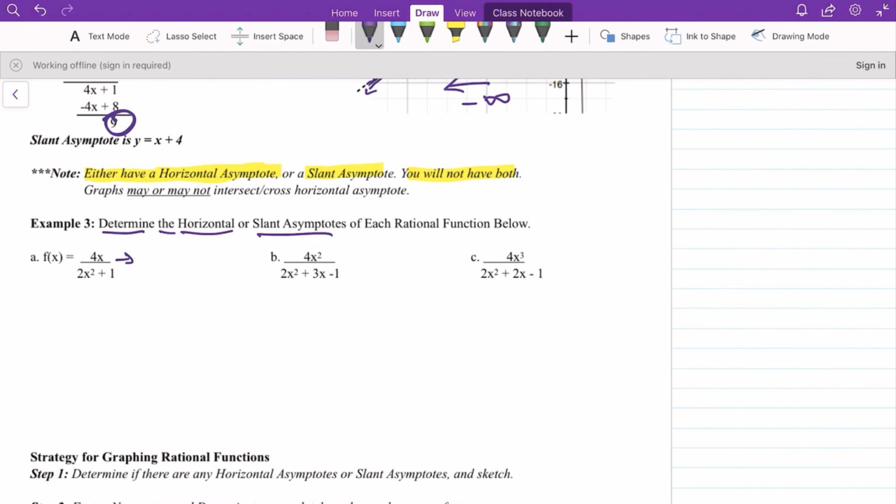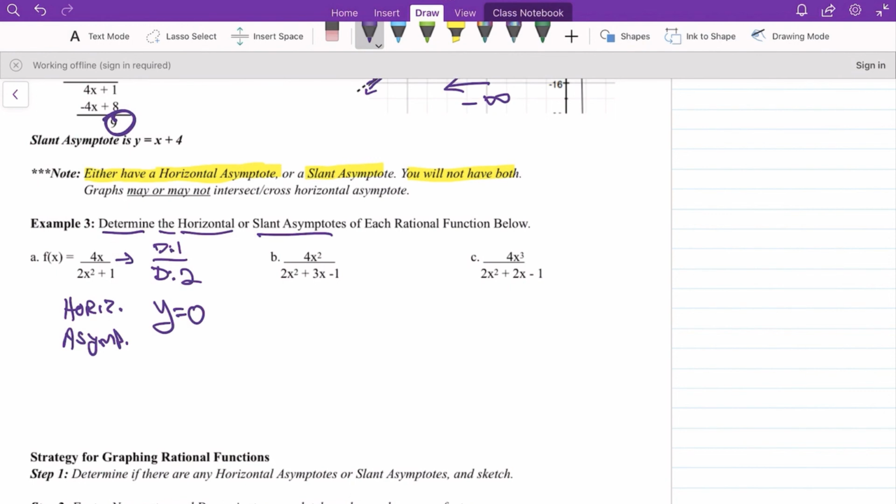The degree of the numerator is 1, and the degree of the denominator is 2. So if the numerator's degree is less than the denominator's, and that's fairly easy, my horizontal asymptote is going to be y equals 0. Some of these are fairly quick.